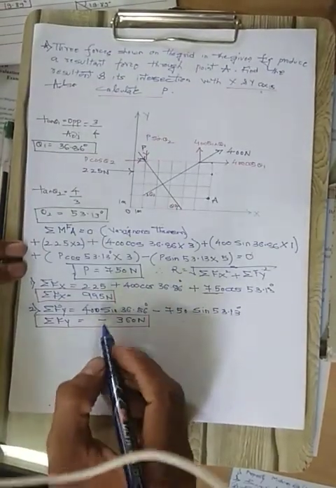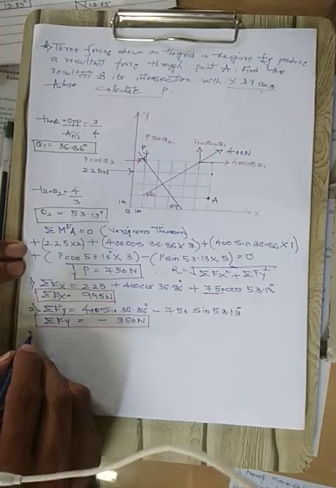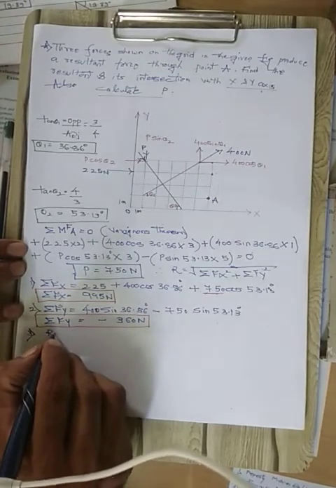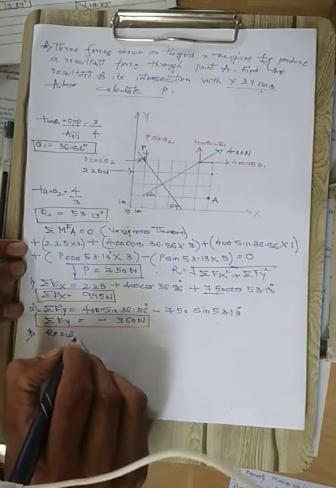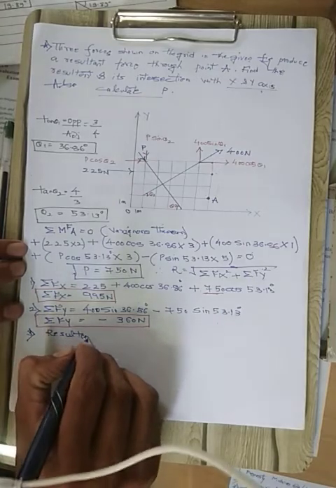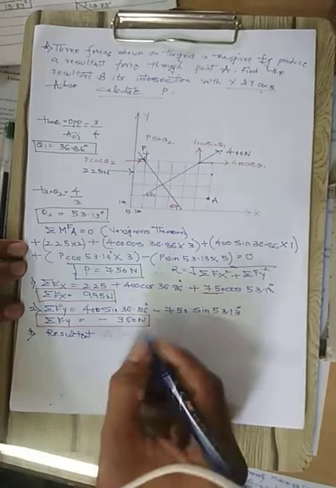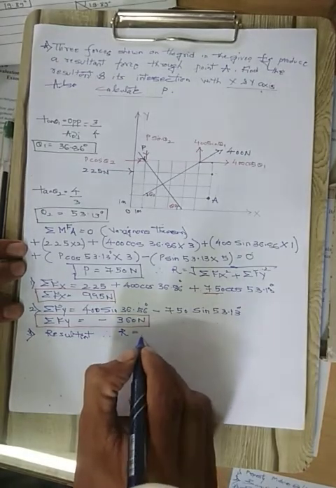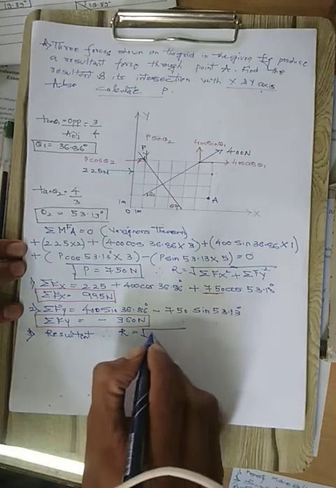Minus 360 newtons. Third is the final value for the resultant. So R is equal to, or we can write it as resultant. Therefore, resultant R is equal to, what is the formula for resultant?